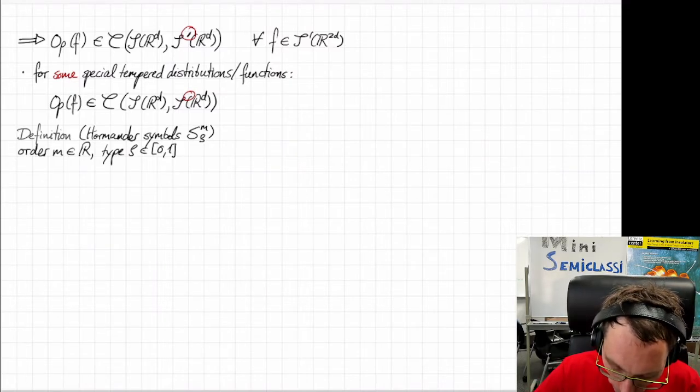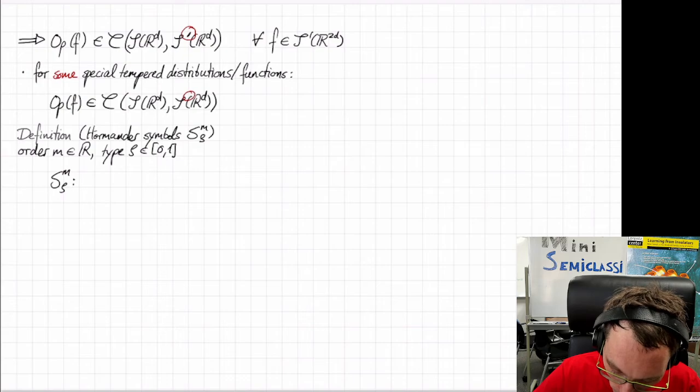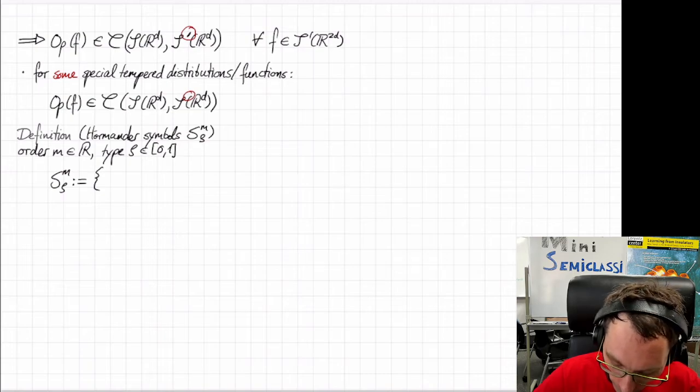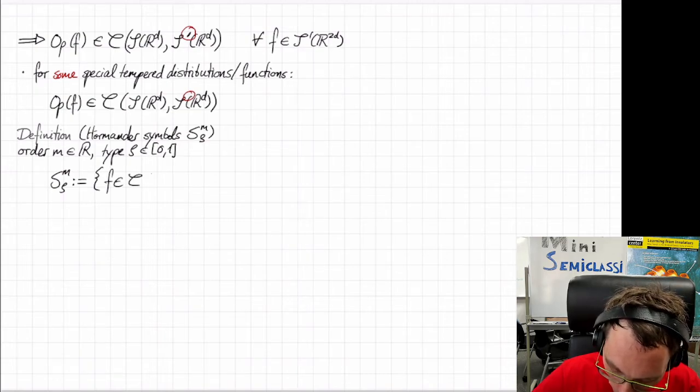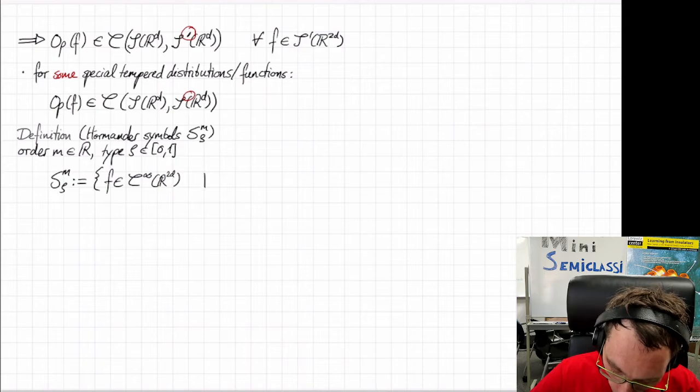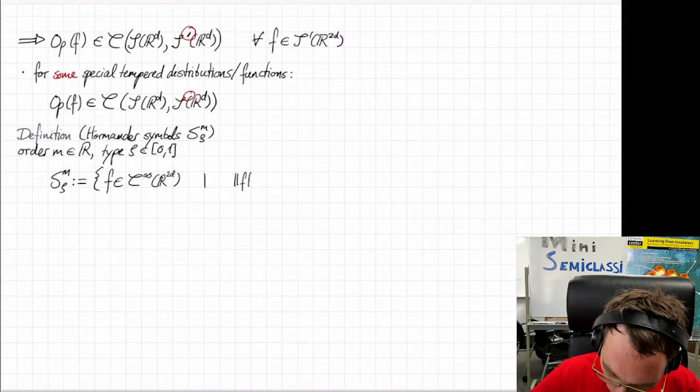And then I'm defining the topological vector space. In fact, it is a Fréchet space in terms of the seminorms that I will give in a second. So Hörmander symbols are smooth functions on R^2d for which all of the seminorms that I will define in just a second are finite.